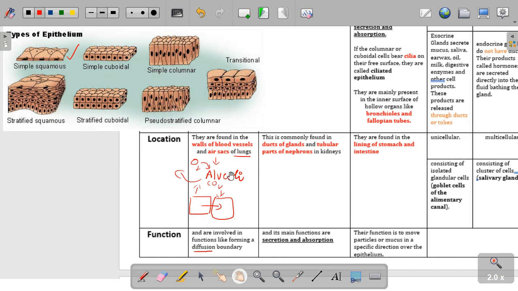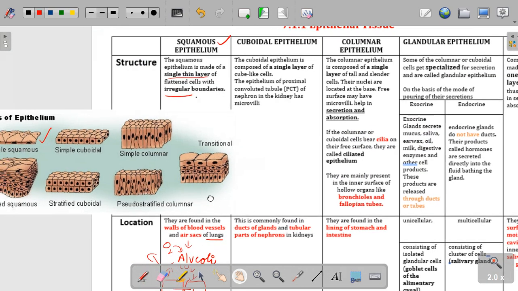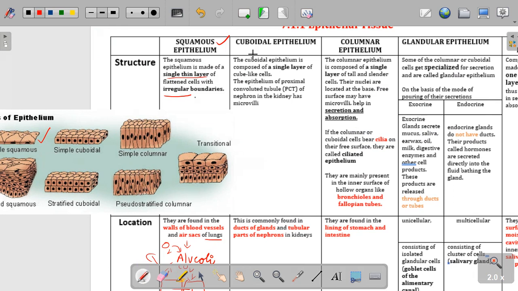Next comes the cuboidal epithelium. The name itself tells. Cuboidal means the cells look like cube-like structures. Look at this, cuboidal cells. They are also single layered. They are present in the kidneys, especially in the nephron. Nephrons are the basic unit of kidneys.